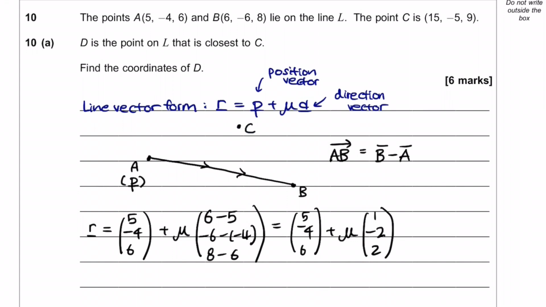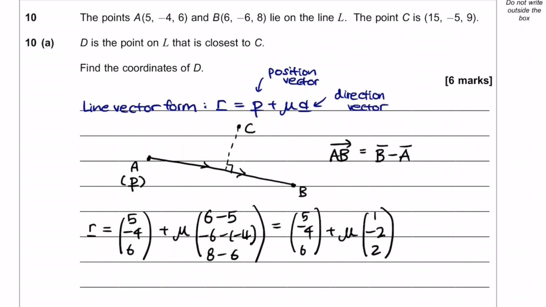And here comes C, which is another position like this. Now we want to find a D on the line AB which is closest to C. Closest means that it has to come down to the line at 90 degrees. Imagine other lines; those should be longer than these perpendicular lines.